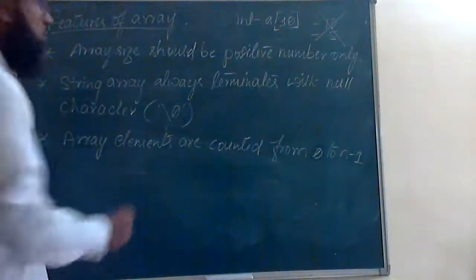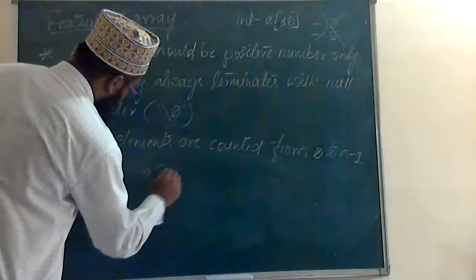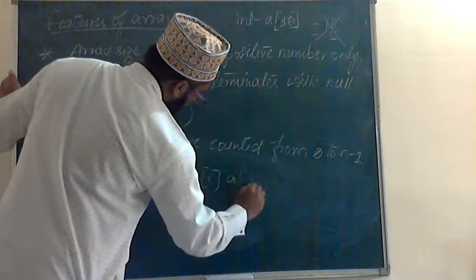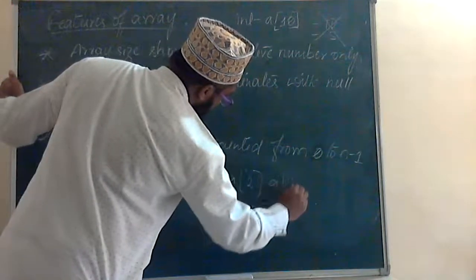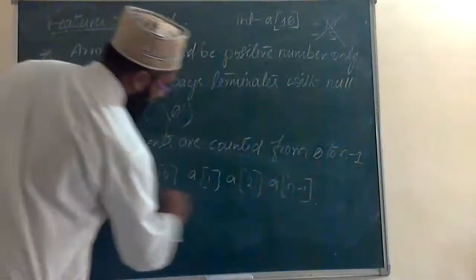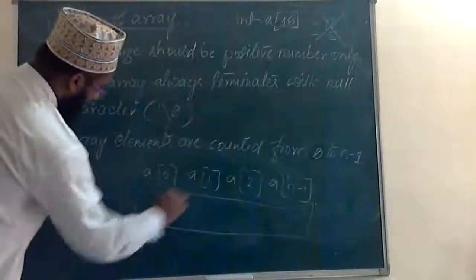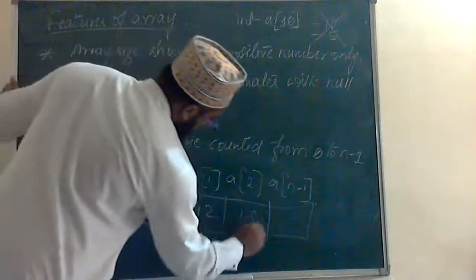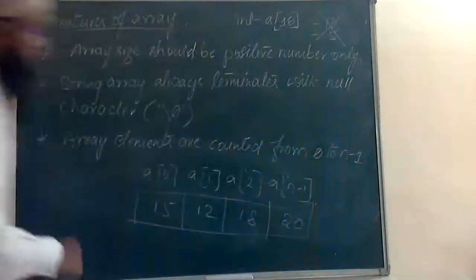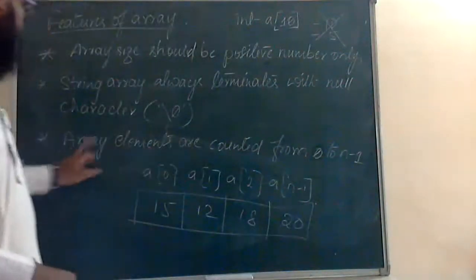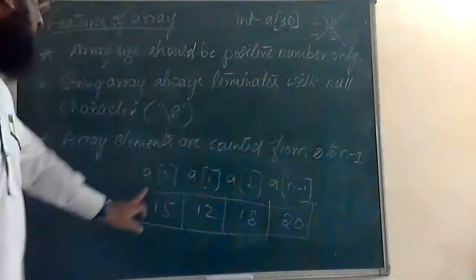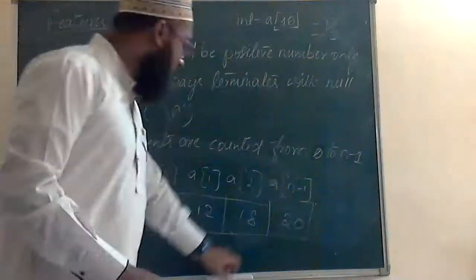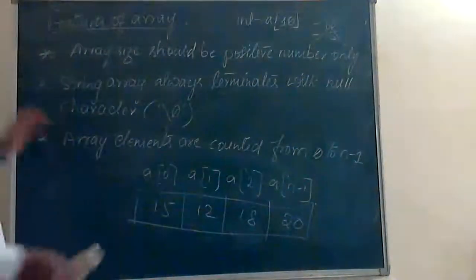As I have already shown you, a of 0, a of 1, a of 2, like that up to a of n minus 1. Here you can give them as arrays a of 0, a of 1, a of 2, 15, 12, 18, 20, like this. Subscript. Always, array elements are counted from 0 to n minus 1. Like this, we can count the array elements.